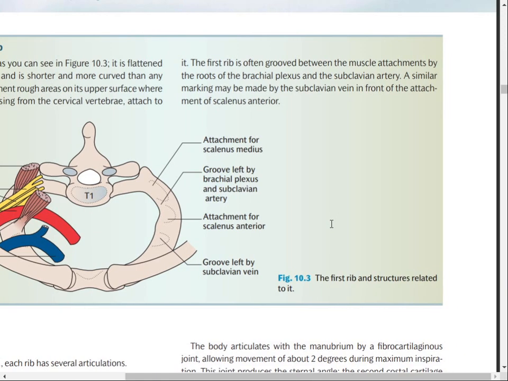The first rib is often grooved between the muscle attachments by the roots of the brachial plexus and the subclavian artery. A similar marking may be made by the subclavian vein in front of the attachment of scalenus anterior.